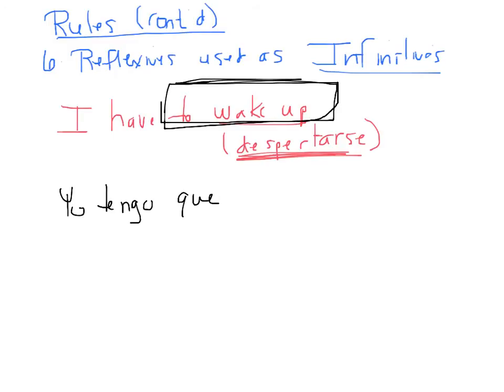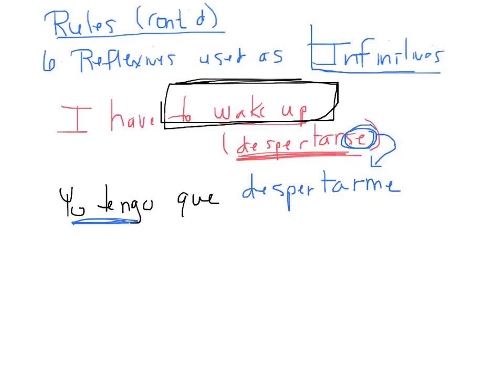But actually what we need to do is, when we write this verb, we need to make sure that our reflexive pronoun matches the rest of the sentence. And because this verb at the beginning here is an I, this reflexive pronoun at the end, se, needs to change over and become me. Yo tengo que despertarme.